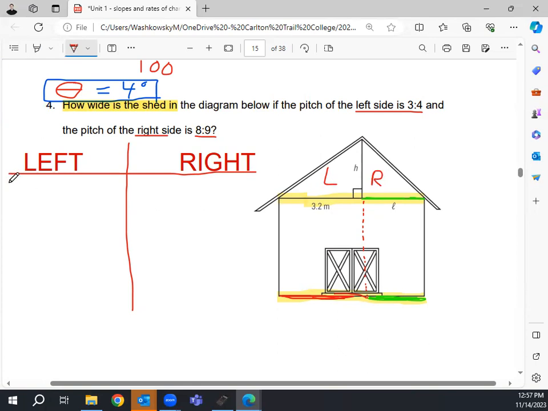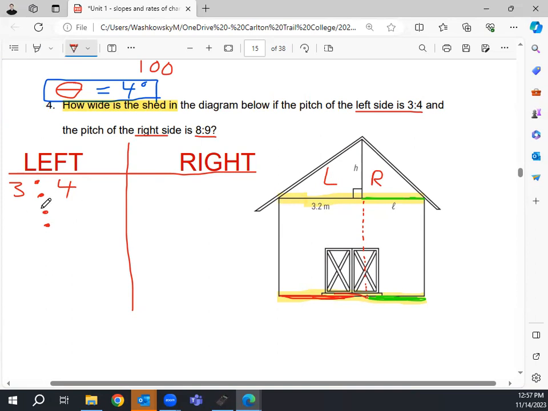I know my left side has a pitch of 3 to 4. Now, do I know either the rise or the run of the left side? I know the run, it's 3.2. So why don't I fill that in? Does that go on the left or the right side here?